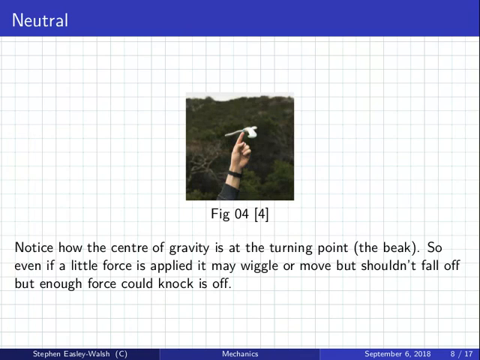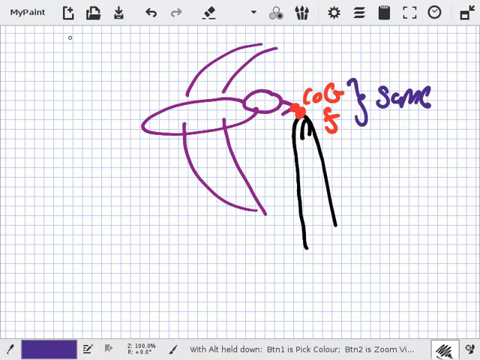So for this neutral one, the absolute key thing is that the center of gravity and the turning point are at the same place.